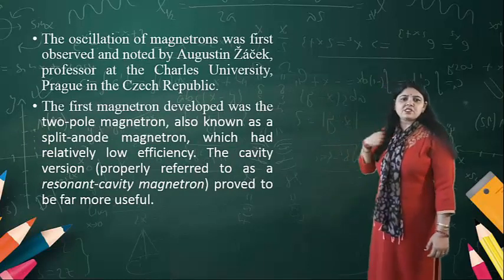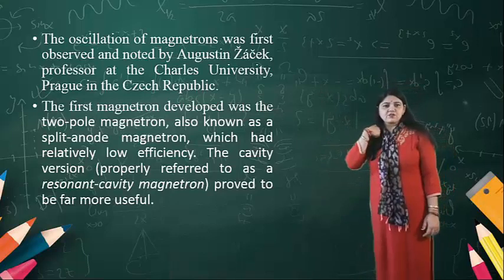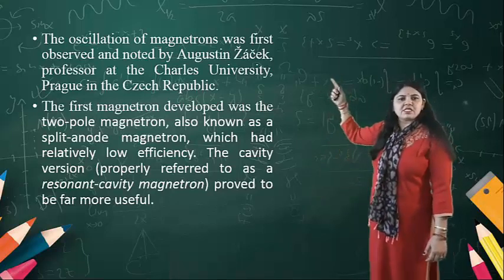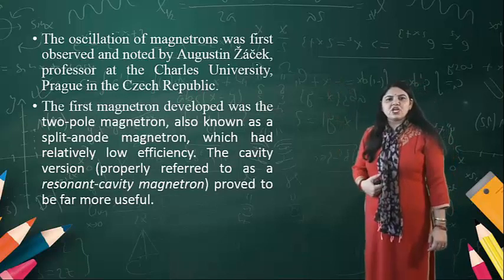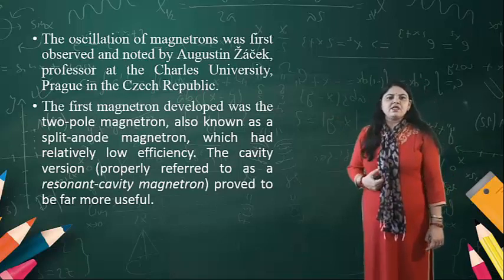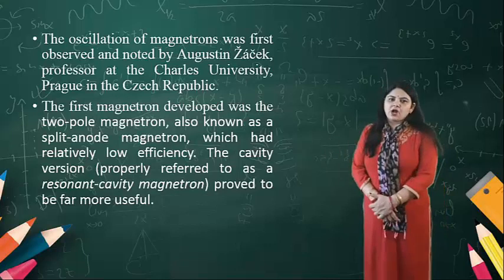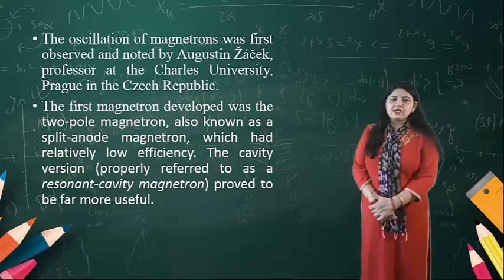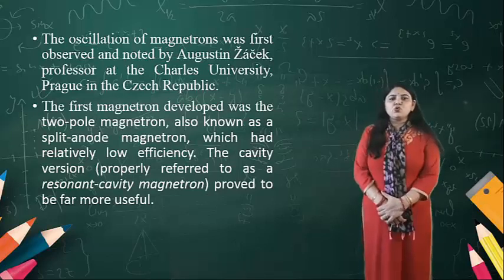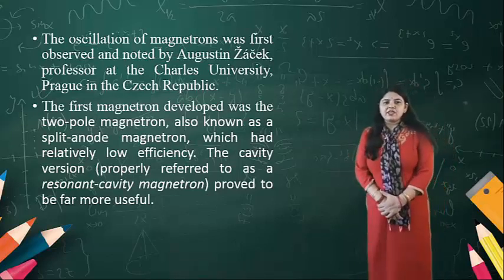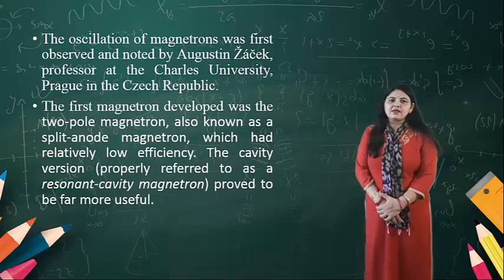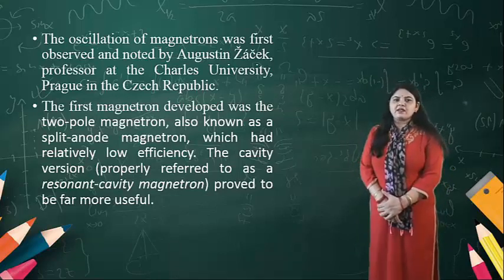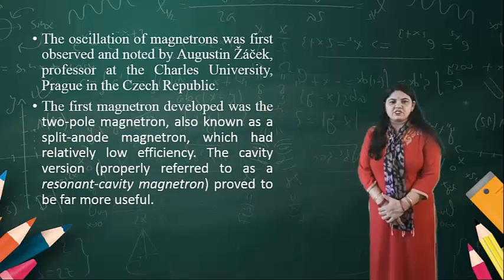The oscillations of the magnetron were first observed by Augustin Zeh, professor at the Charles University, Prague, in the Czech Republic. The first magnetron that was developed was the two-pole magnetron, also known as the split anode magnetron, which had relatively low efficiency.